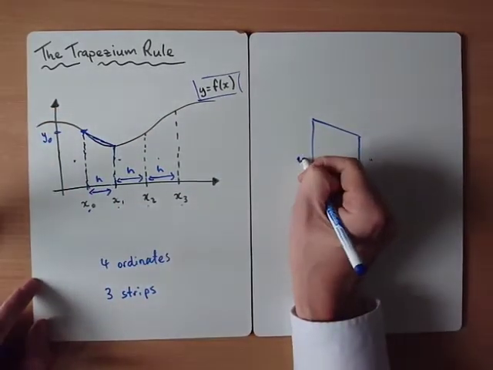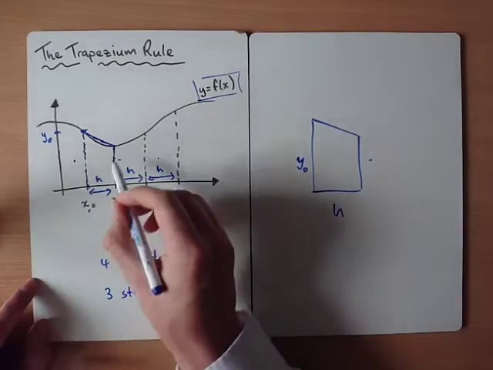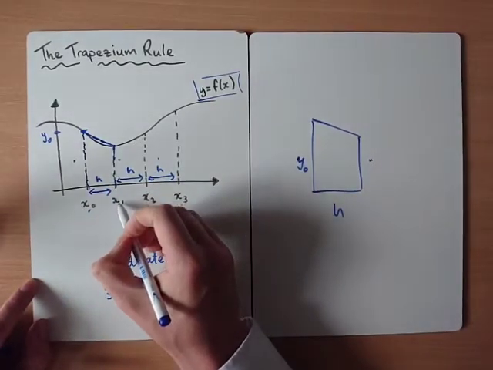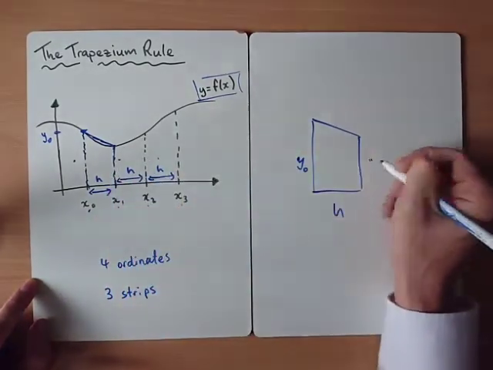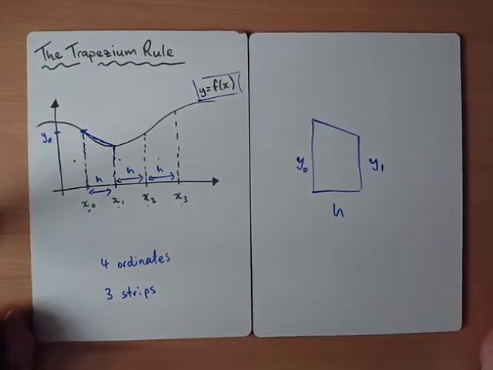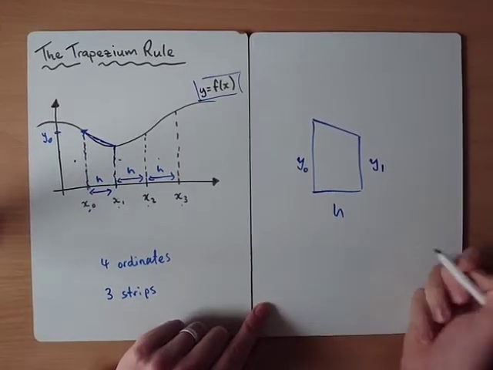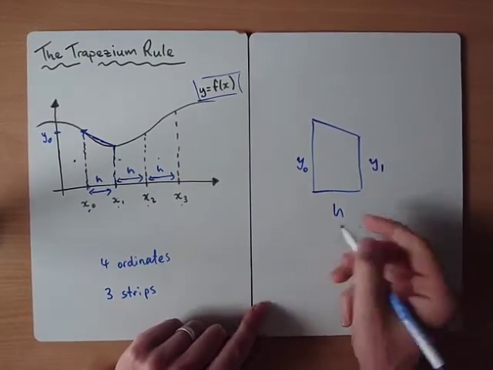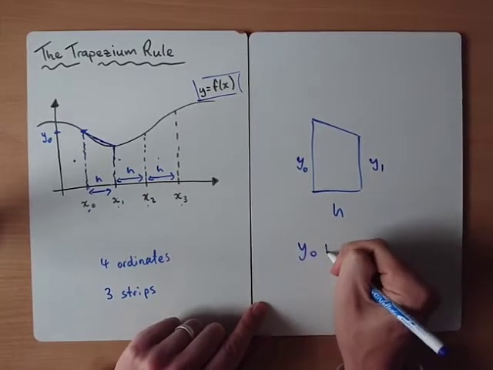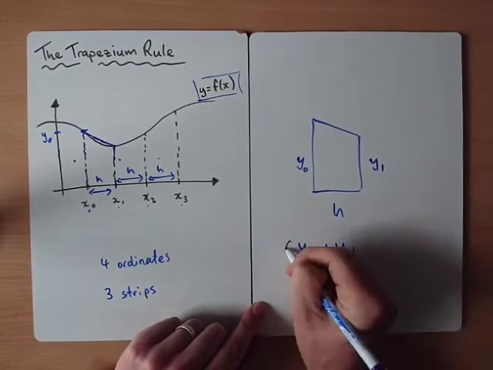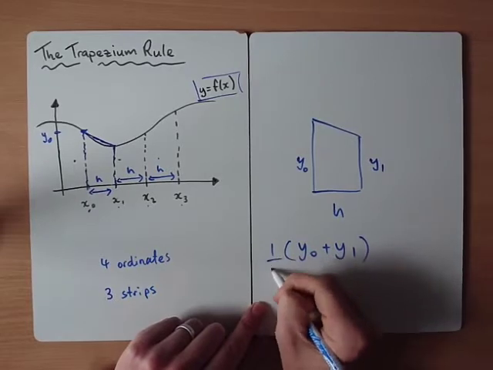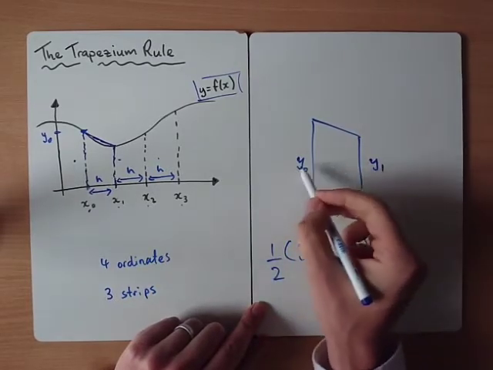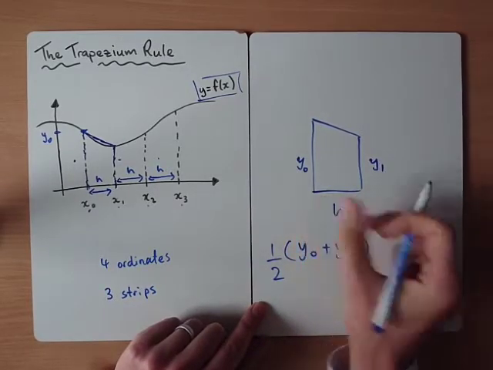So that would be the y value. And the other height here, x1, if we sub x1 into our function, that would be the corresponding y value. And the way the area of a trapezium works, remember, is you add the 2 parallel sides together, you divide them by 2, so it's like an average of these 2 parallel sides, and then we multiply by the width.